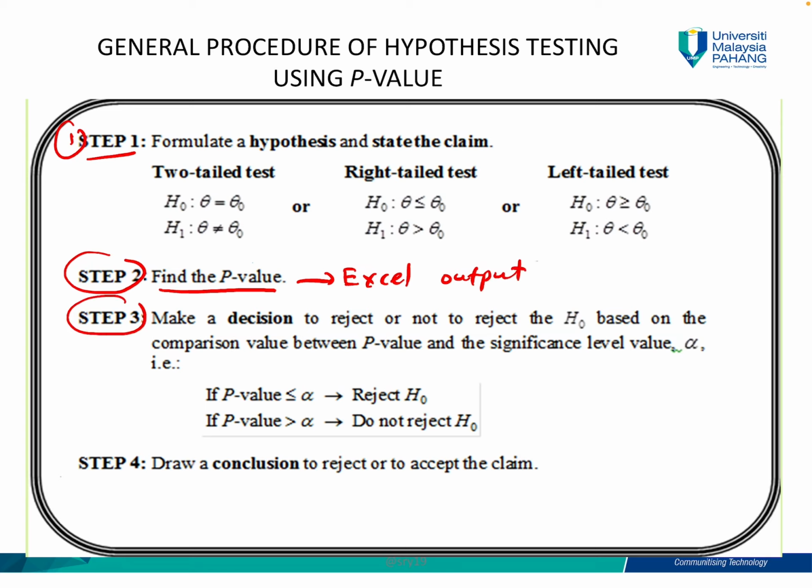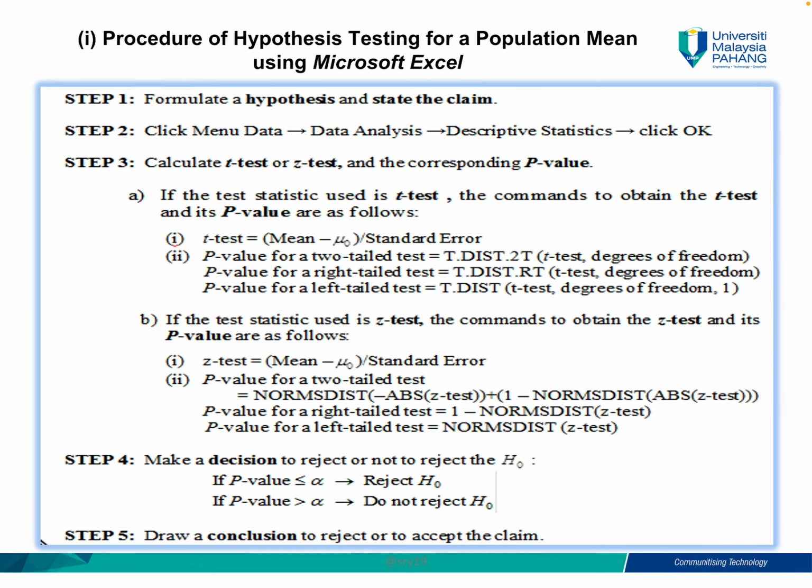Step number 3, make a decision to reject or to accept H null. If p-value is less than alpha or equals to alpha, reject H null. Okay, and then draw the conclusion. There are 4 steps only.